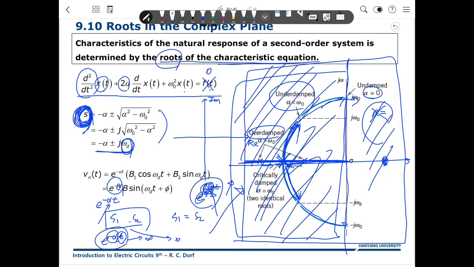This is a very famous form to describe second-order differential equation systems. It is covered not only in electric circuits, but also in control theory and many other fields. I recommend you become familiar with this approach of analyzing a system through characteristic equations.